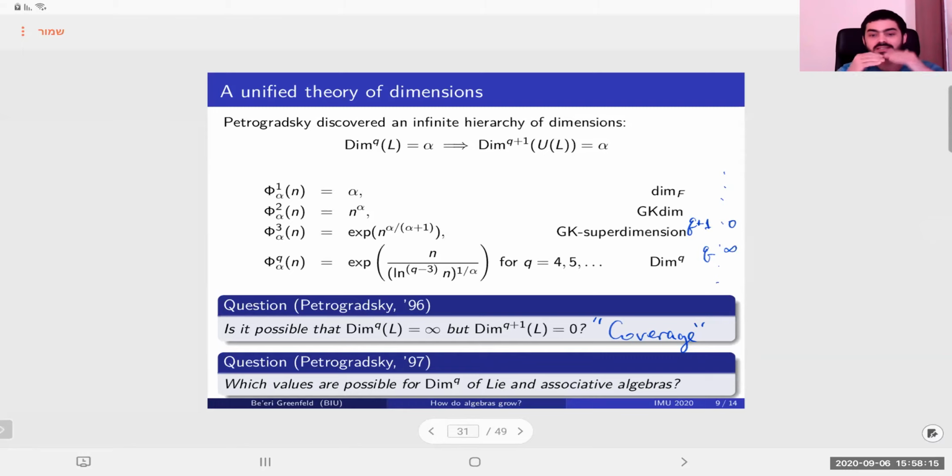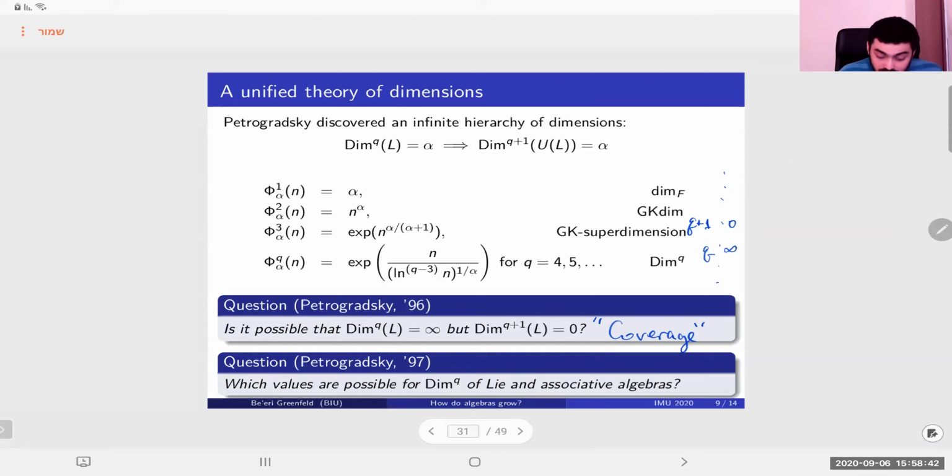So the dimension is not caught by any of these dimensions. And if the answer was negative, if any algebra would have a minimal layer in which it has positive dimension, that would be wonderful from the point of view of classifying, right? We could start by classifying the simple Lie algebras with minimal dimensions and proceed from this point.